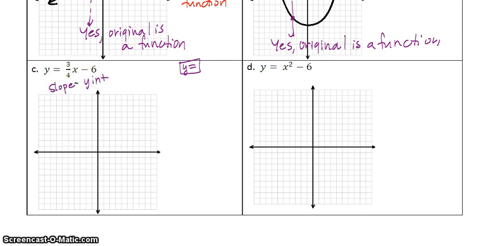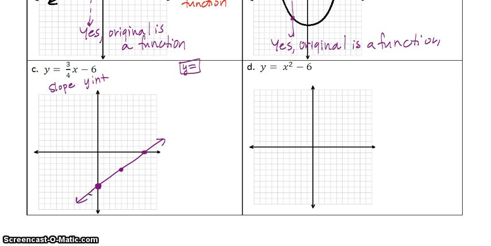I'm going to graph my original. I'll start with the y-intercept down at -6, and then use my slope to find my next point. The slope is 3/4, so up 1, 2, 3 over 1, 2, 3, 4, up 1, 2, 3 over 1, 2, 3, 4. That's enough for us to be able to use our tests.